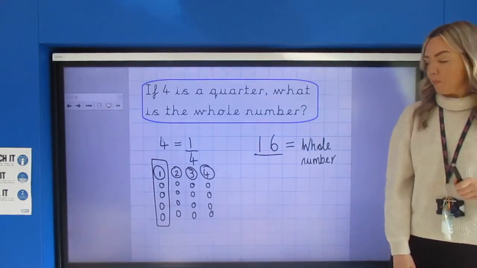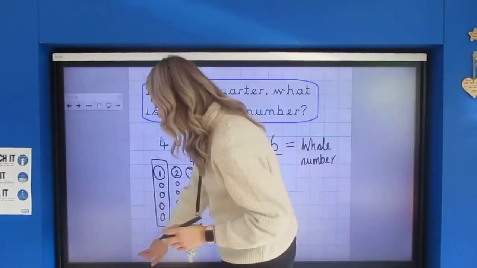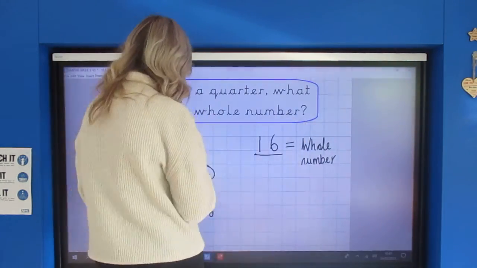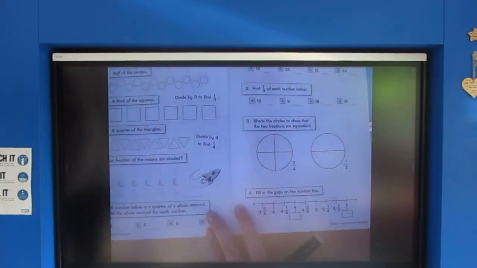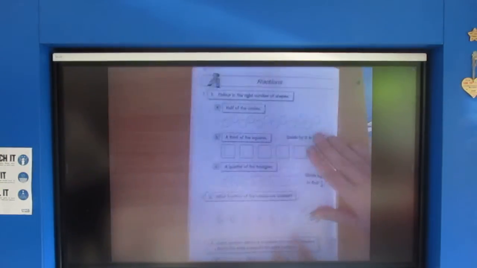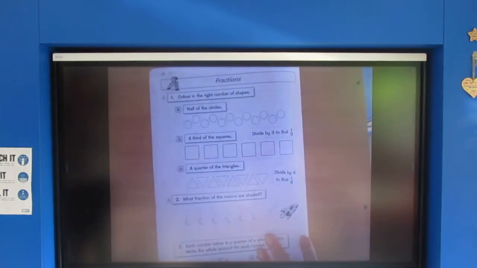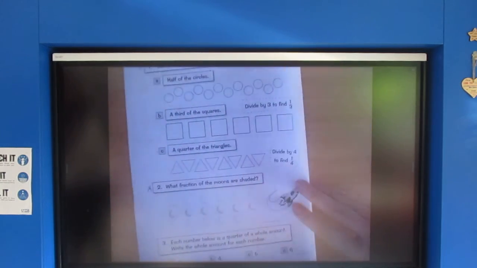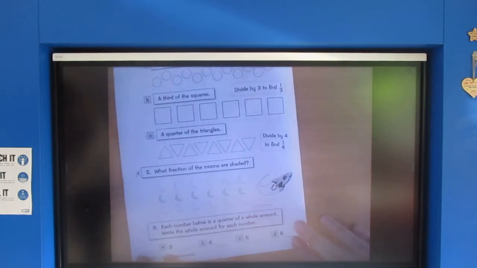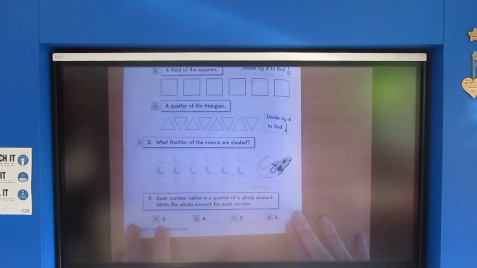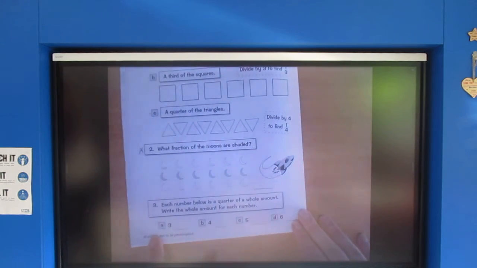Okay, now in your workbooks today, I am going to show you exactly what I would like you to do. Now yesterday, you were working on page number 18 and I asked you to stop, didn't I, at question number 3. I didn't want you to complete question number 3 until today.